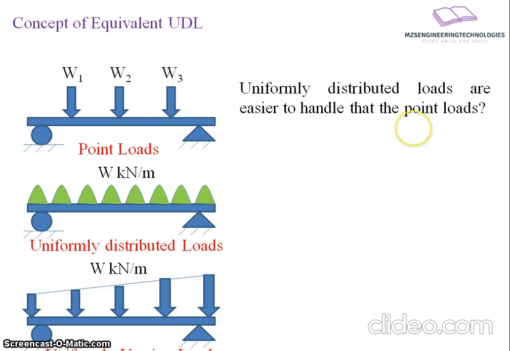We are going to convert the point load system into an equivalent UDL system, taking care that there will be no alteration in the action of the load system on the structure, but it will help in conveniently finding the response parameters.